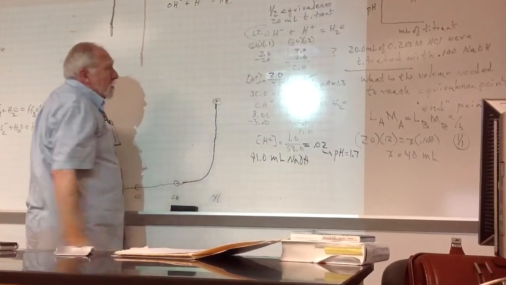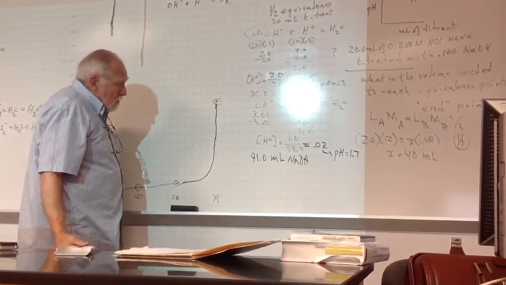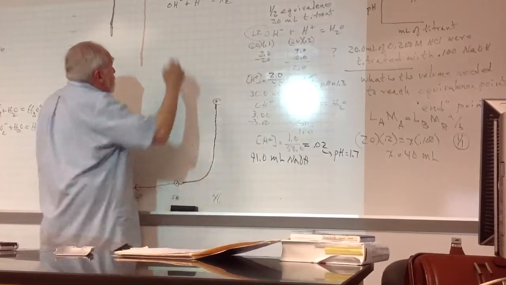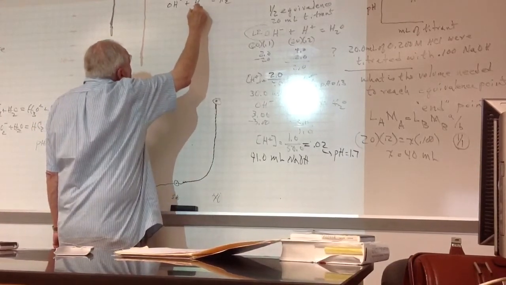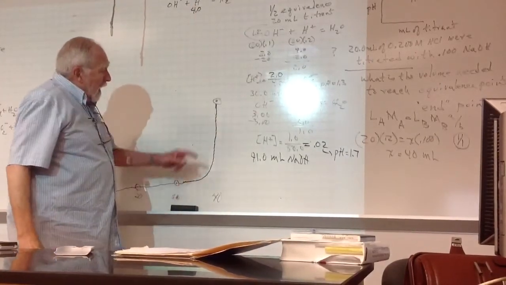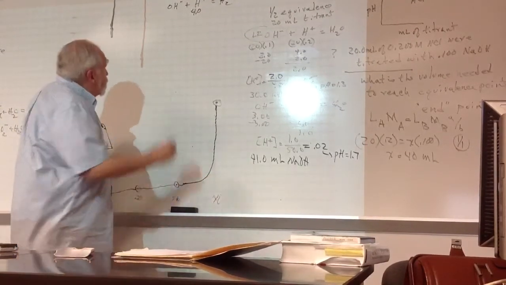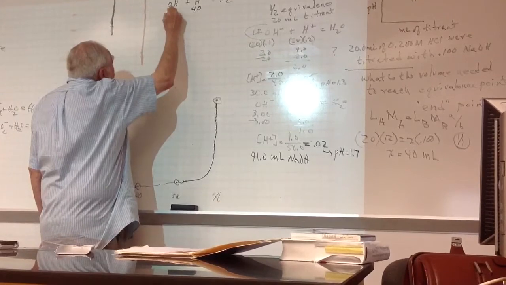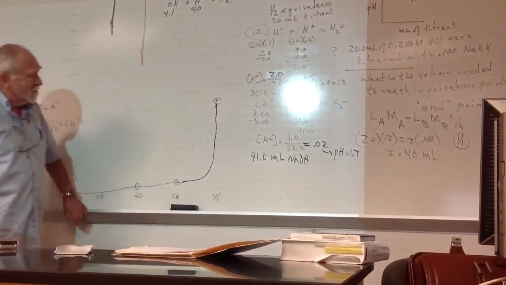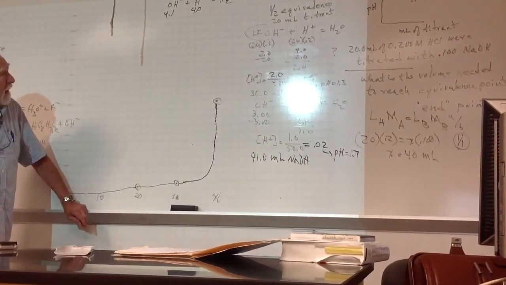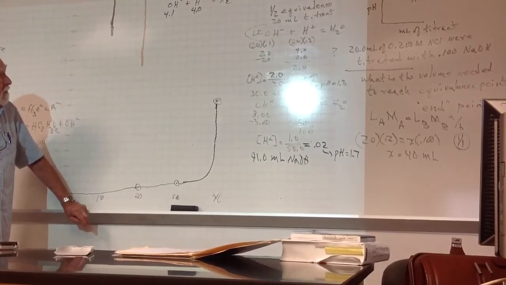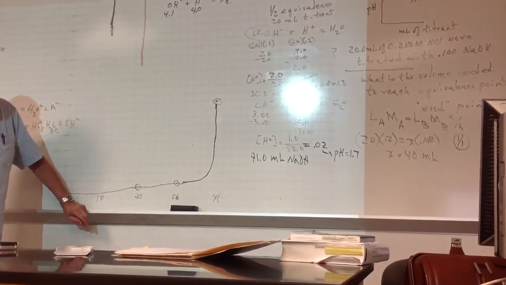Notice this is still my starting millimoles of HCl, which is still 4. But now I have 41 times 0.1 for the NaOH. Notice I like all these numbers, I can multiply them in my head. And you can see that the limiting reagent is now the H+.